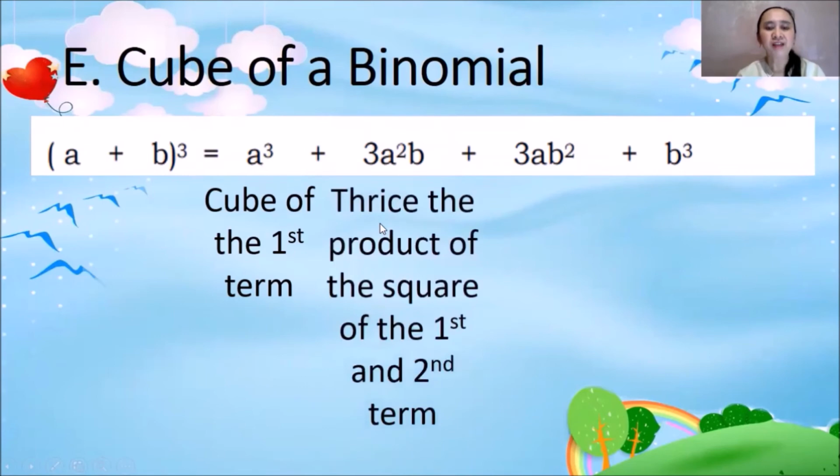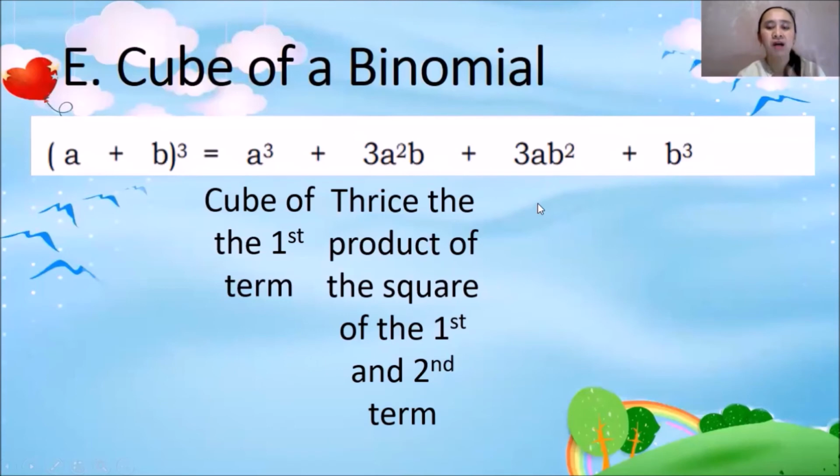Then, thrice the product of the square of the first term and the second term. What we square is the first term. So, 3 times a squared times b, so 3a squared b.